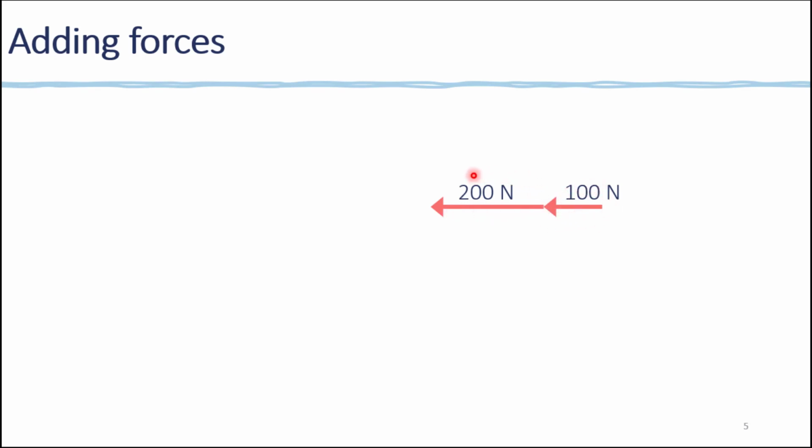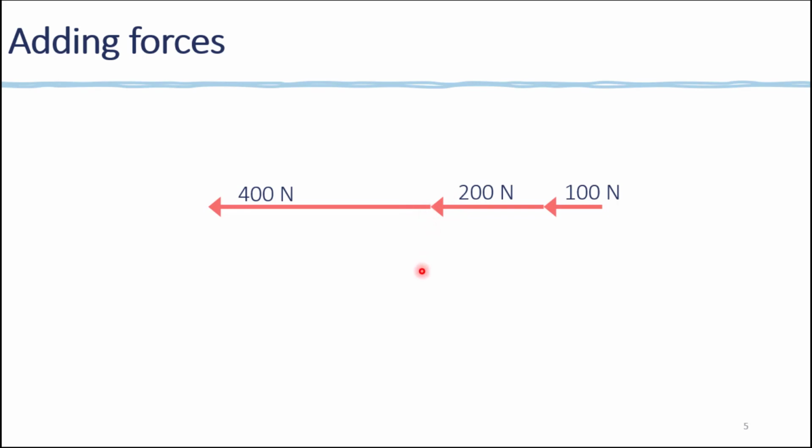That's because 200 newtons is twice as big as 100 newtons. So remember that the length of the force vector has to do with the magnitude of the force. And then the last one is the 400 Newton force from the third teammate. And again, the tail of this force gets attached to the arrowhead of the previous force.